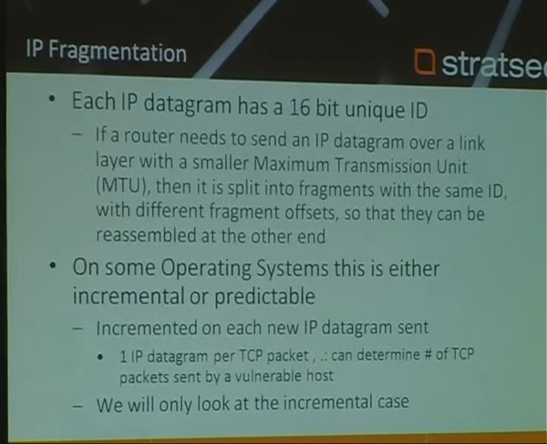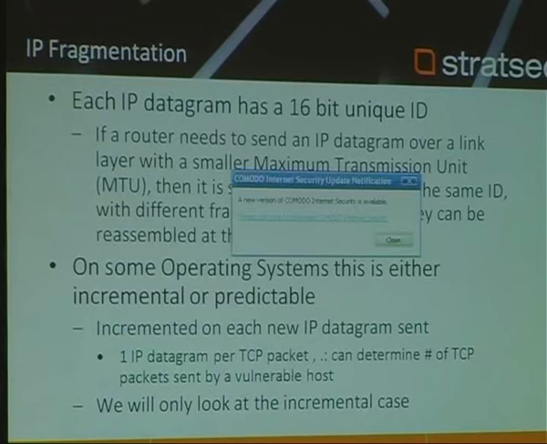So this identification field that I pointed out in the IP header is used, as far as I can tell, to allow for IP fragmentation. If you have different link mediums and different maximum transmission units, or how much data you can put into a single frame on that physical medium.